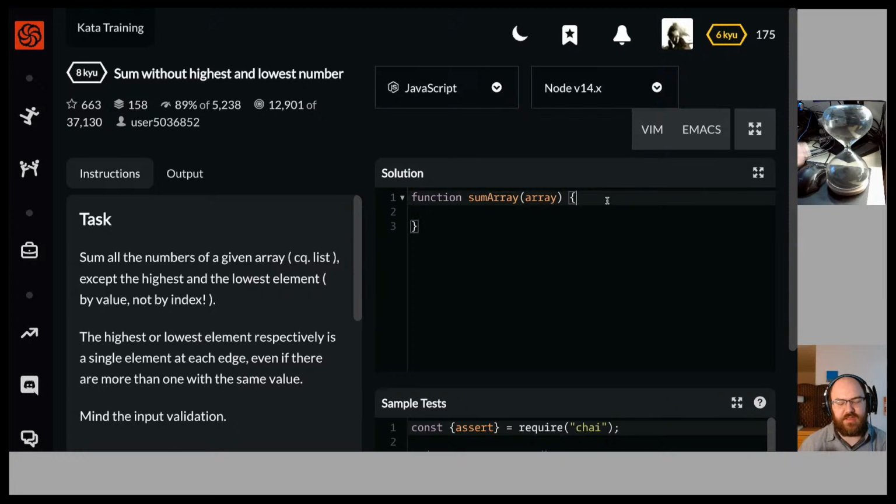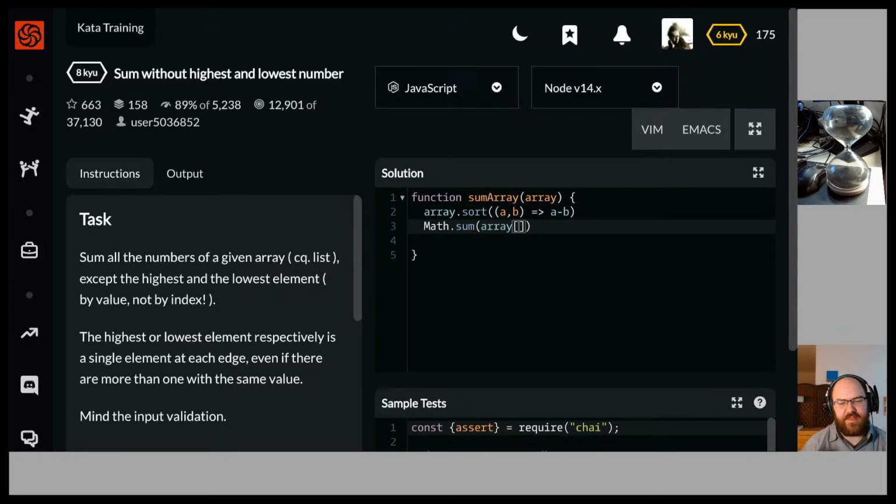So I'm thinking we sort with a comparison function a, b going to a minus b. Then is sum defined in JavaScript, or is it math.sum? Maybe it's math.sum.